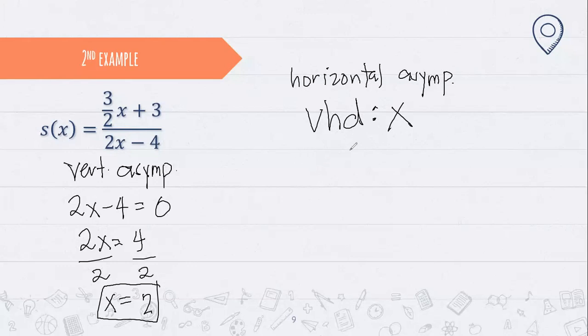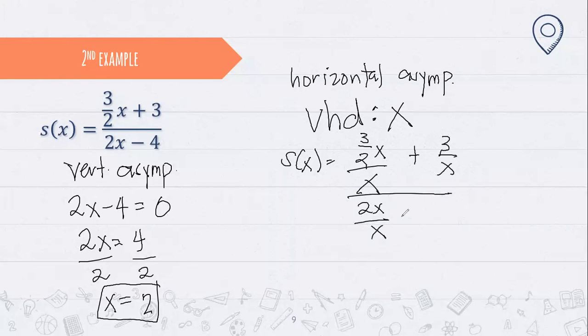Okay, so ngayon, simplify, we have s of x is equal to 3 over 2x over x plus 3 over x, all over 2x over x minus 4 over x. So katulad ng ginawa natin kanina, lahat ng hindi pwede i-cancel, magiging 0. Kaya 3 over 2 plus 0 all over 2 minus 0.